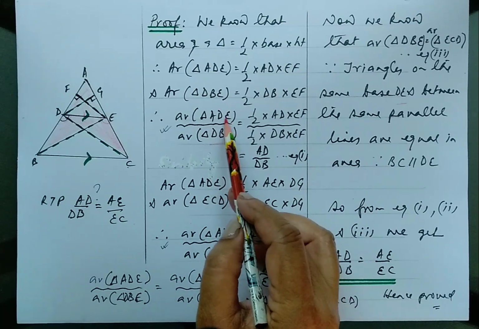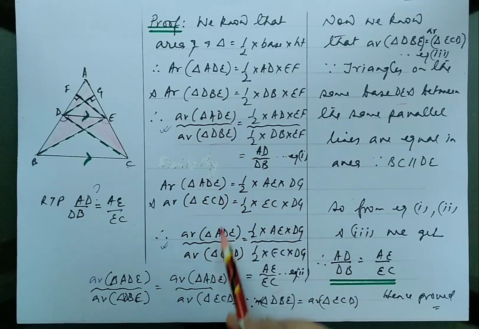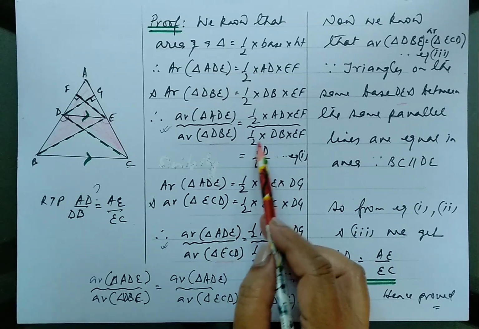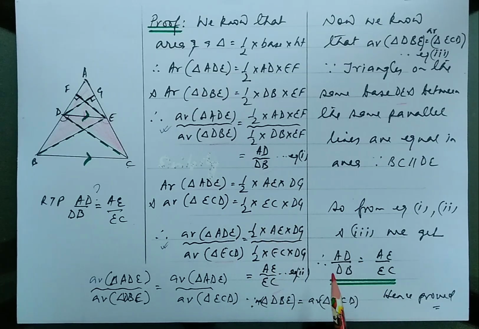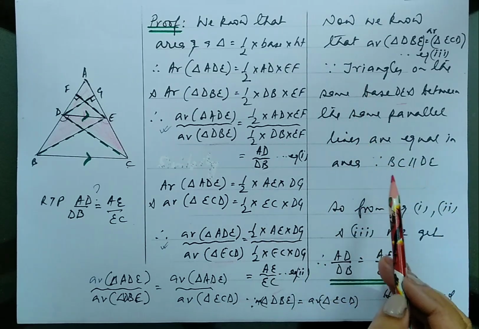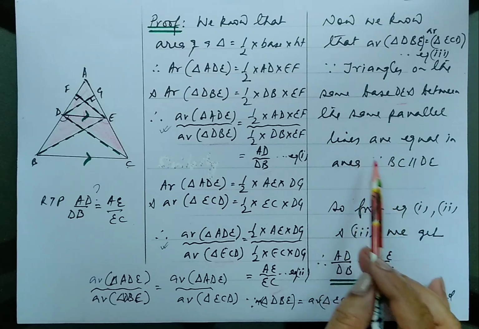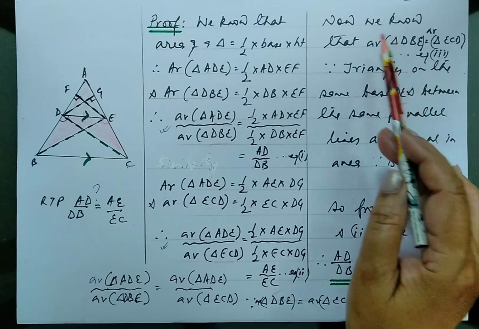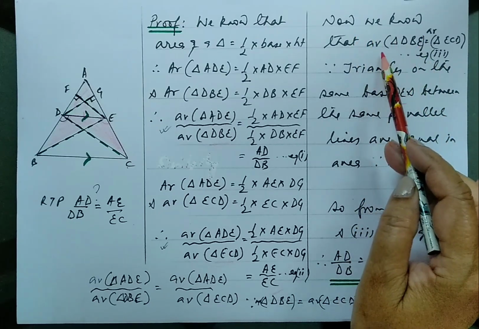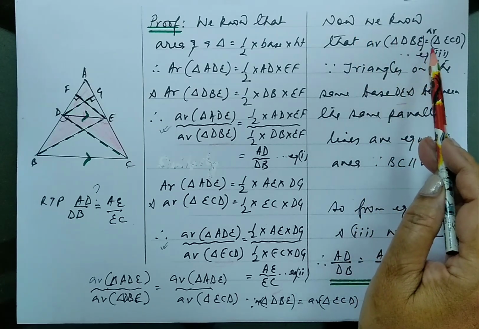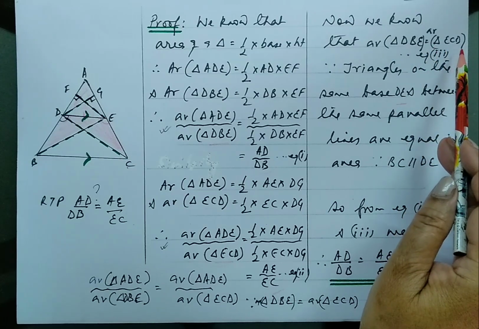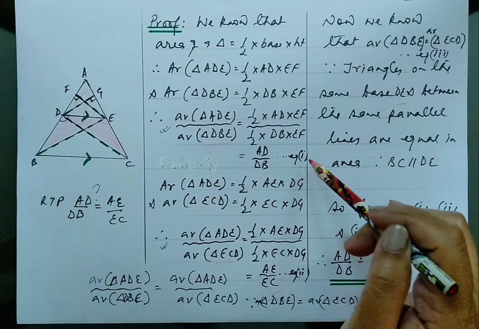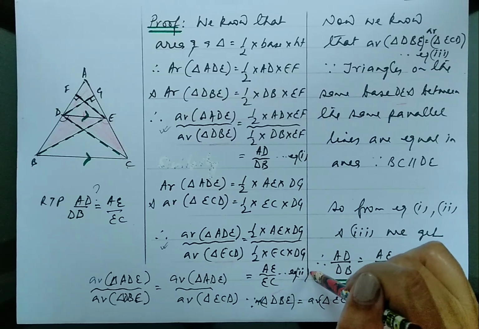So if we have this same as this, their right hand side also must be equal. Am I right? I have laid out some of the reasons very clearly for you to understand that now we know area DBE is equal to ECD. This is from equation 1 and equation 2.